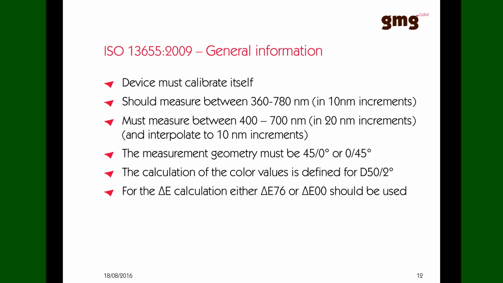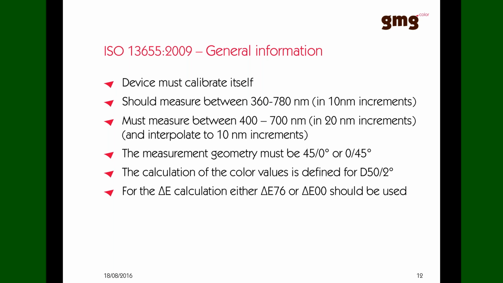And then the ISO norm has a should and a must about the nanometers that it shall measure. It should measure between 360 nanometers and 780 nanometers. That's our visible and also some UV light range. And it should measure in 10 nanometer increments.